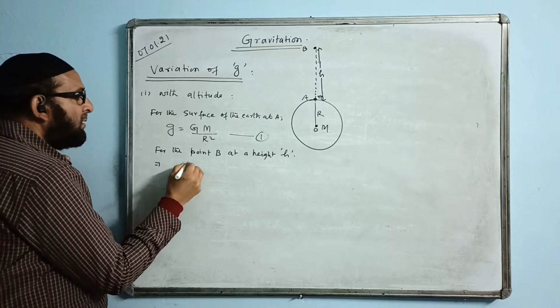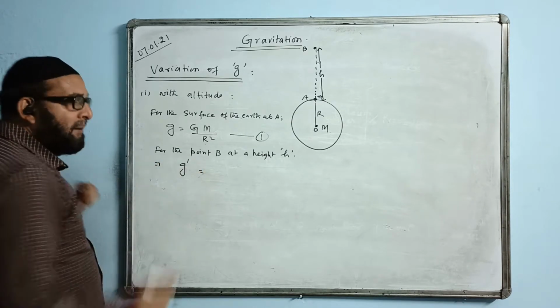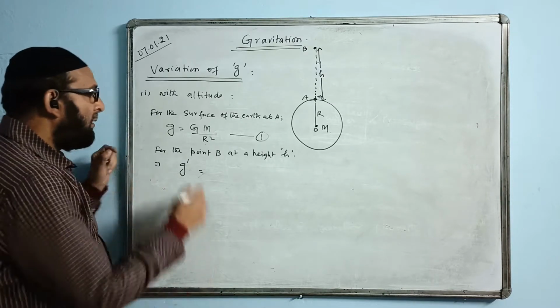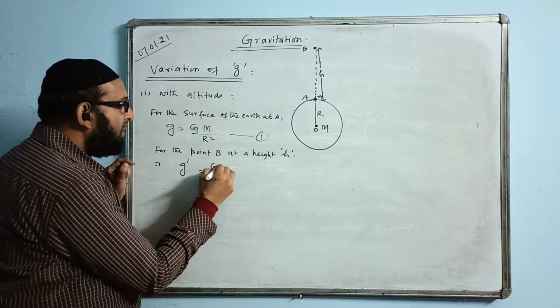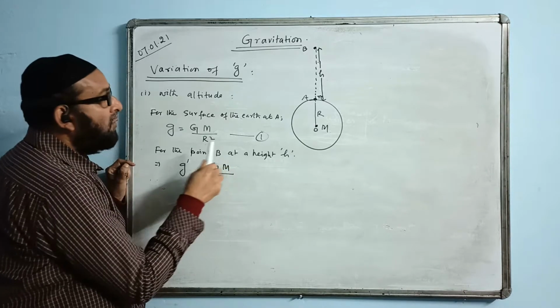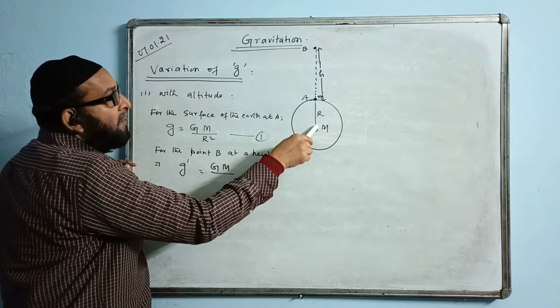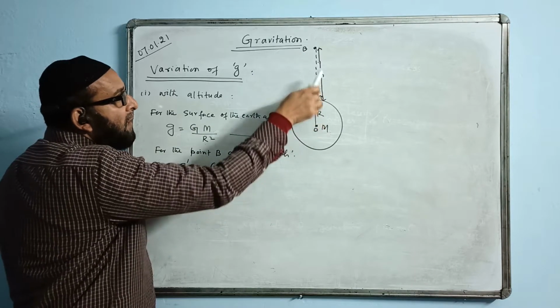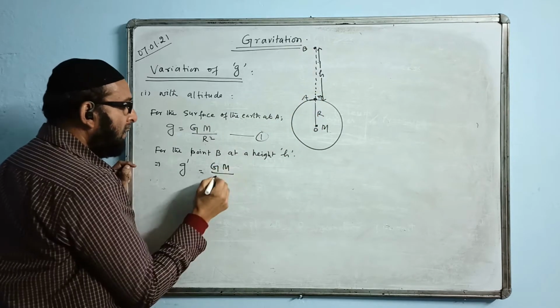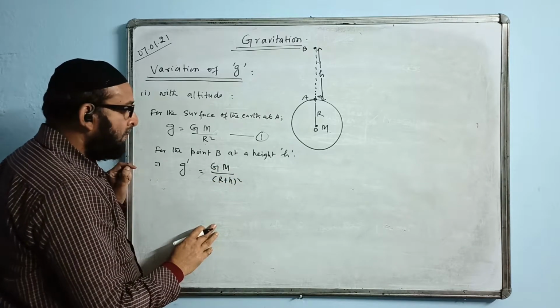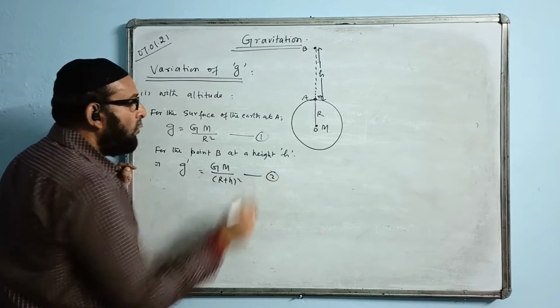That value, let us say new value g prime, g dash. I will use the same formula GM by, what is the distance of the point B from the center of the earth, from here to here? This is r plus h. Here I write r plus h whole square. This is equation number 2.